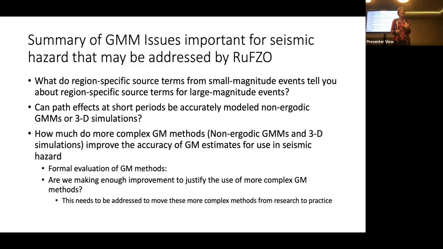And finally, how much added value do more complicated non-ergodic ground motion models, simulations, and so on give us for seismic hazard relative to more simple models? And how can we formally evaluate that?